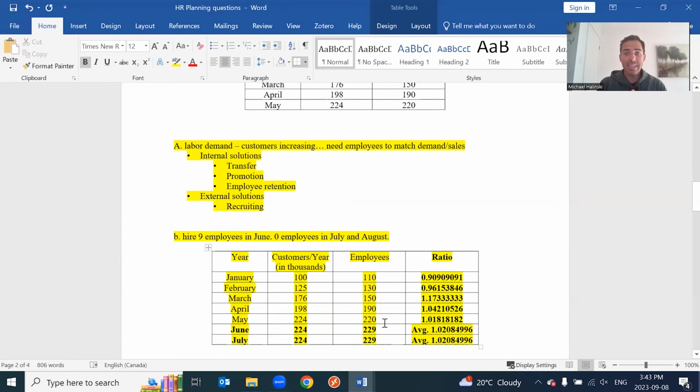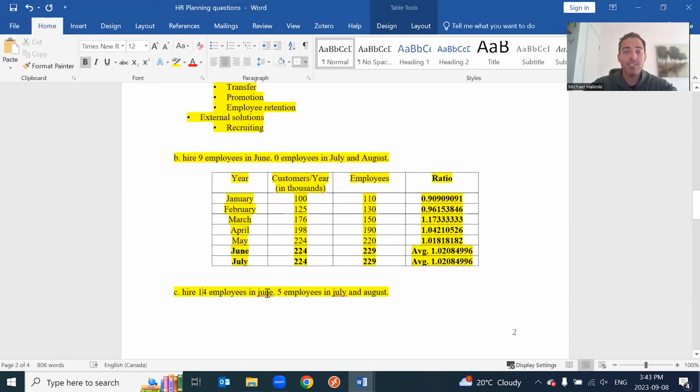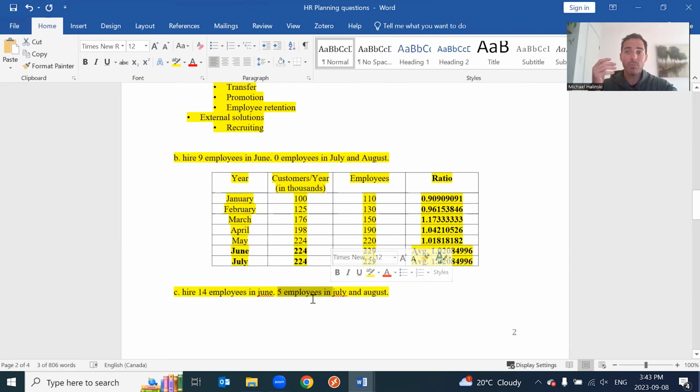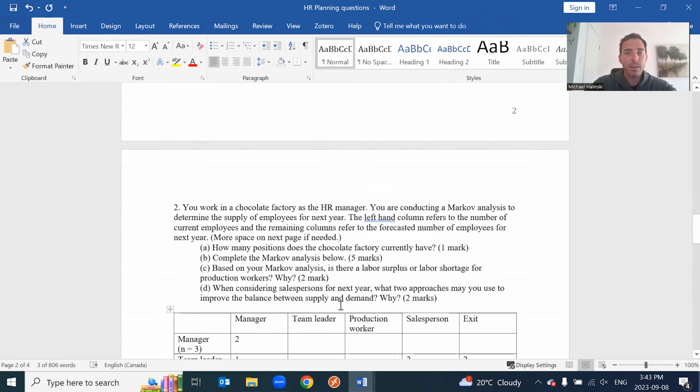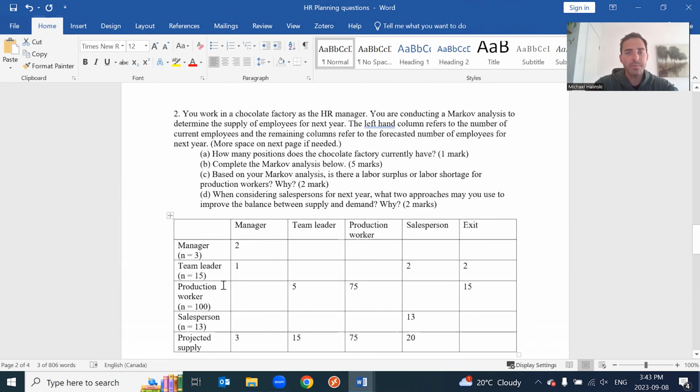So if you needed to hire 9 initially, but 5 others took off, then you go 9 plus 5, and that gives you your 14 employees in June, that first month, and then you only need to hire 5 employees for each of the 5 employees that are leaving, the turnover piece. So that's part C. There we go. I think that's good.